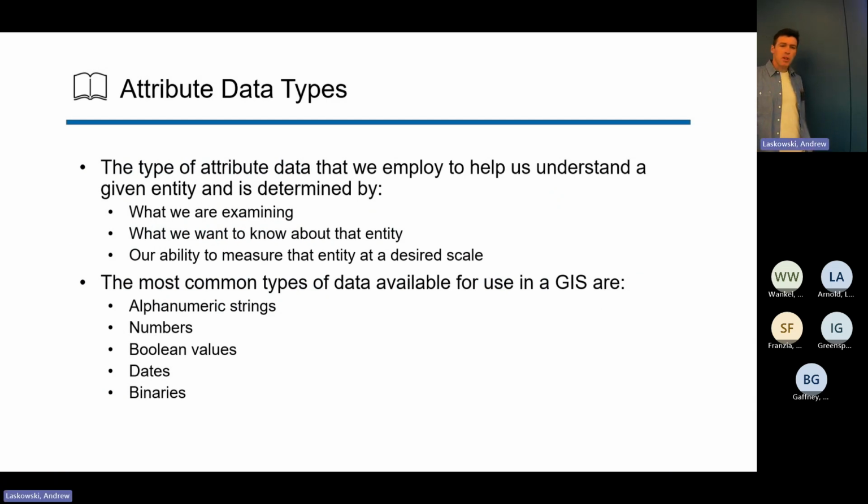So I know I've mentioned these terms a little bit today, but I want to spend more time on understanding attribute data types and relating those data types to their measurement scales. I want you to have a really good handle on these terms. It affects how we store data, what sort of symbolization schemes we can apply to our maps, and it also affects what sort of geoprocessing tools you're able to use.